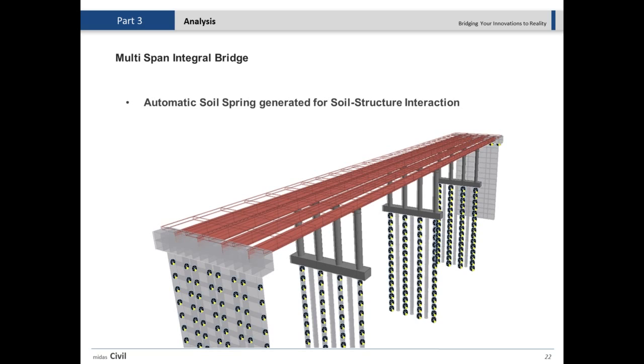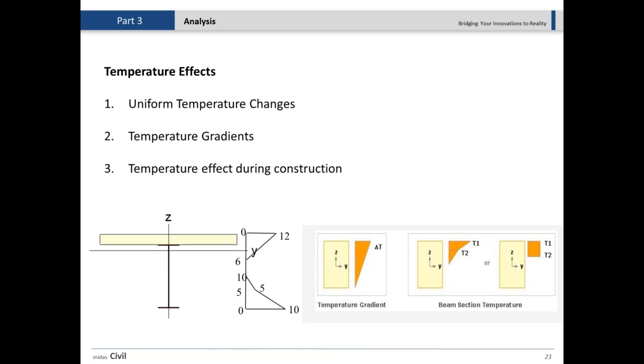Or if you want to study the soil structure interaction, definitely, because behind this abutment you have the soil, you have to see those effects. And you have some piles, and then again you have this soil structure interaction. So you have to be able to model those with the corresponding springs or see the effect of temperature. Let me quickly show you some of the temperature loading which needs to be done.